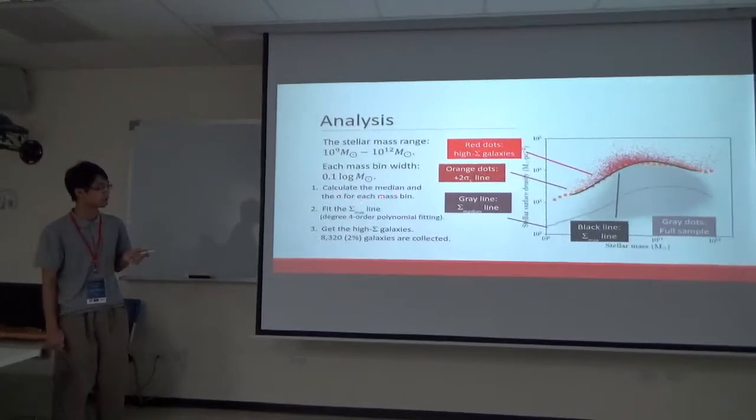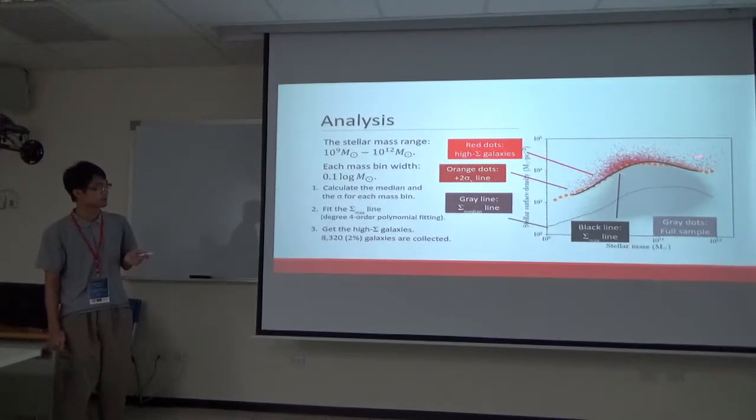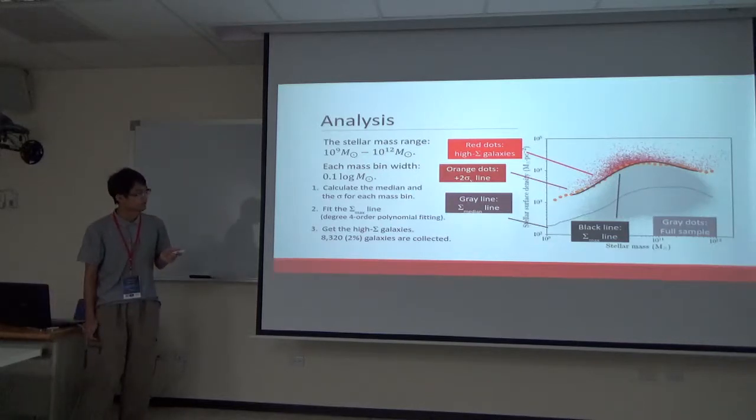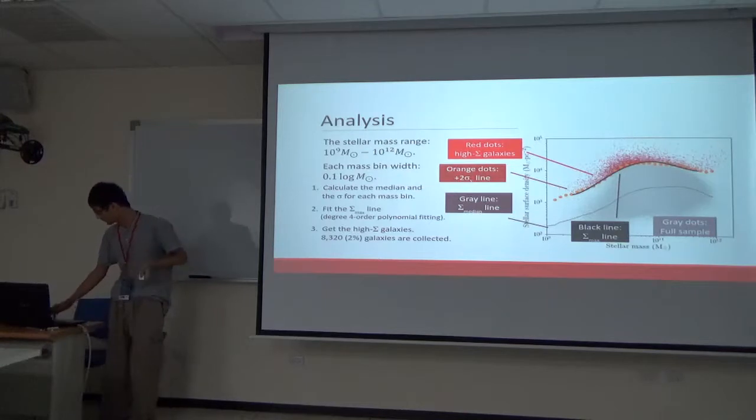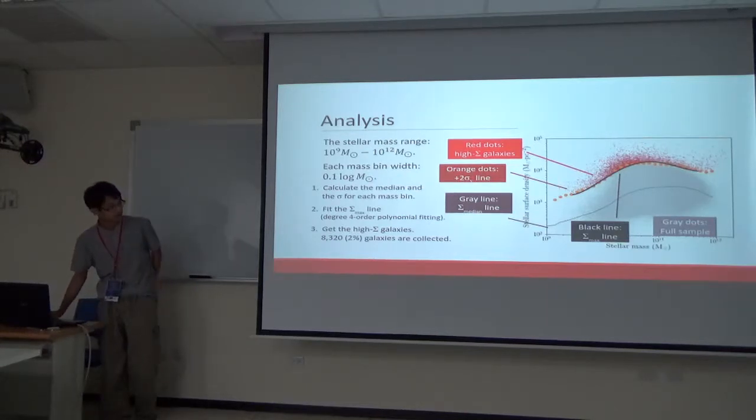Finally, I fit the orange points to a 1 sigma mass line, and a 2 sigma line, the black line, and galaxies above this red line I call high sigma galaxies. There are about 8,000 galaxies.